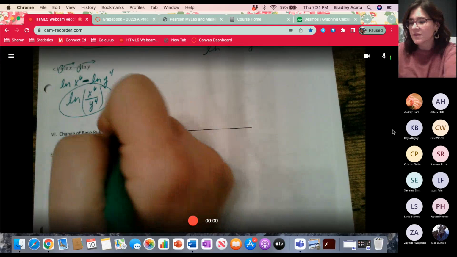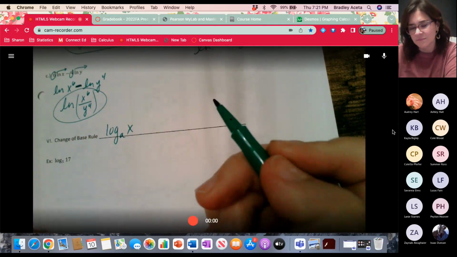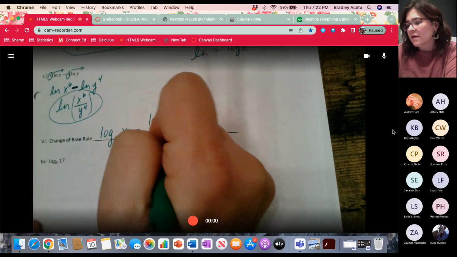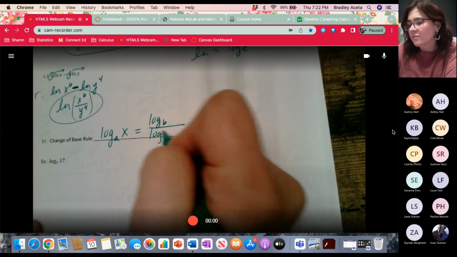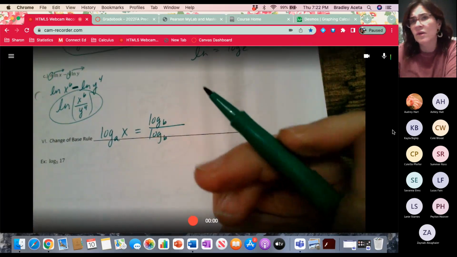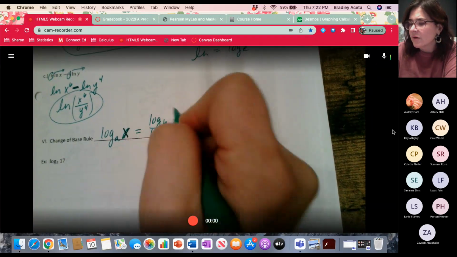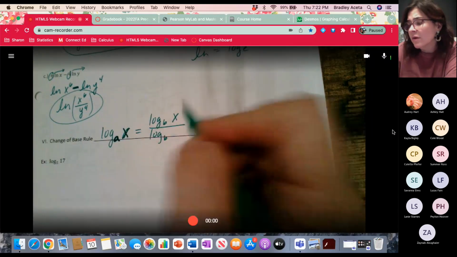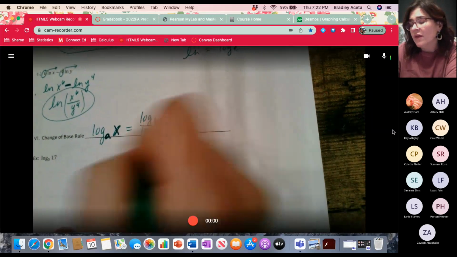But the change of base rule says, hey, you can take any log base a of x, and you can rewrite it as log of a different base divided by log of that same base, whatever base you choose, 10, 2, whatever. Just take this bigger number, put it here, and take whatever this base number is and put it here. And you can even do that with anything.